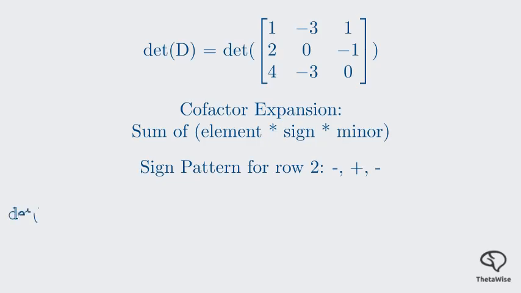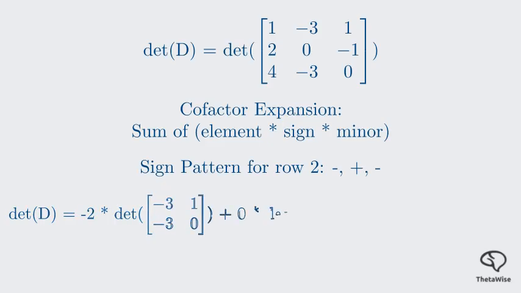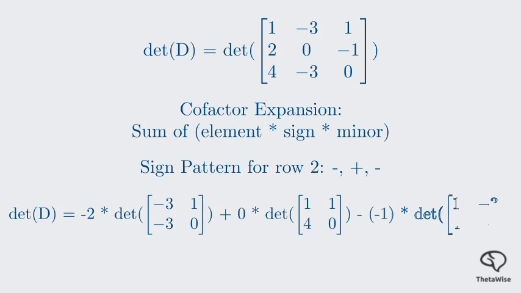Let's expand along row 2. We have minus 2 times the determinant of the submatrix, minus 3, 1, minus 3, 0, plus 0 times the determinant of 1, 1, 4, 0, minus negative 1 times the determinant of 1, minus 3, 4, minus 3. Now we calculate these 2 by 2 determinants.